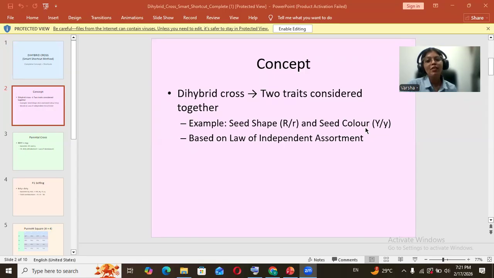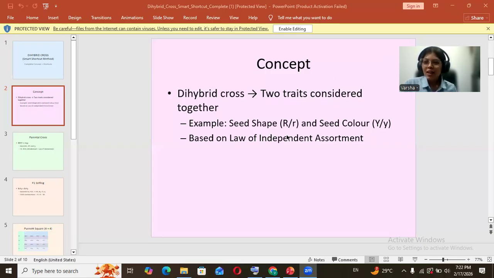This follows the law of independent assortment, which means the gamete formation of these two different traits occurs separately and they assort separately. They are not dependent on each other.